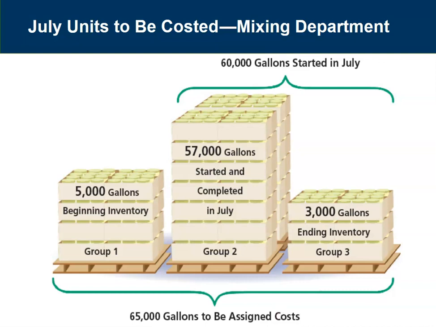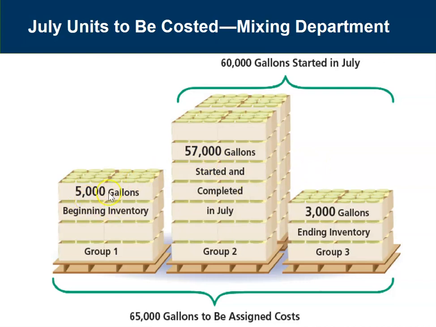So we've got a little bit of a diagram here. I think this might help a little bit. We've got these groups broken down into group 1, 2, and 3, just as we said. And we said here that we had 65,000 gallons to be assigned cost. Well, if we add these three figures up here, that is absolutely true.